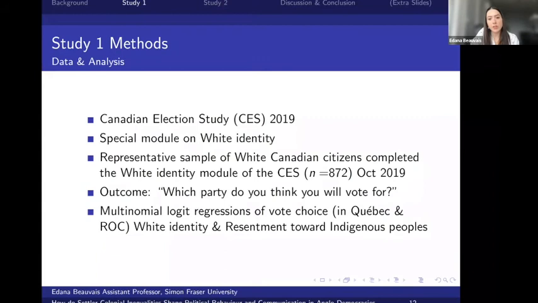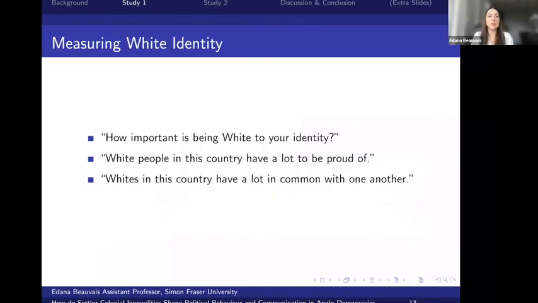Let me go back. Okay. In order to measure white identity, one of my two main independent variables looking at racial attitudes, white identity is my measure of attachment to that white in-group among white settlers. I drew on the American literature on white identity politics from Ashley Jardina.